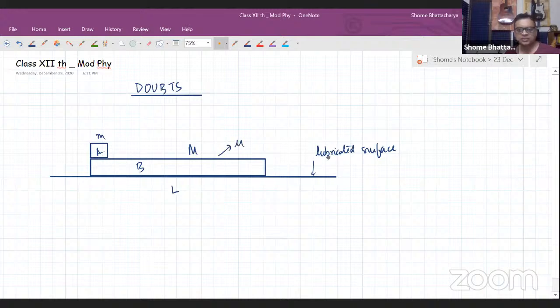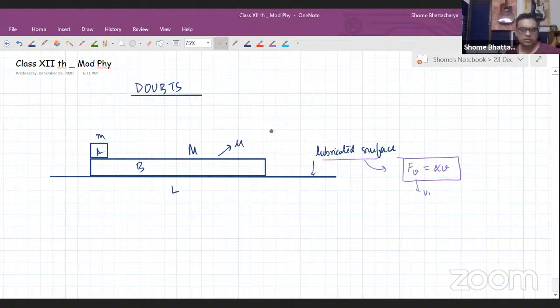So the lubricated surface is such that it offers a resistive force. The viscous drag force is proportional to the speed of the plank. So it offers a resistive drag force, which is, let's say, alpha into V. This is a viscous force.